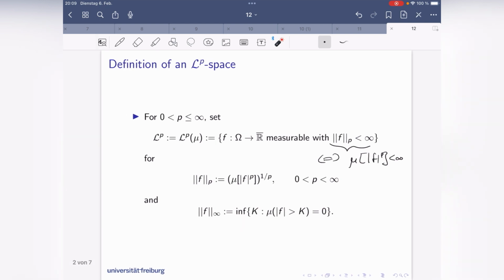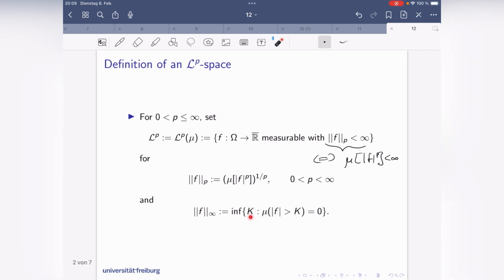If that's the case, then the smallest such k is the infinity norm. So one also says that's the essential supremum. It's not the supremum because f could be greater than k, but only on a set which has measure 0. So it's almost everywhere smaller or equal than k. Then k is the infinity norm of f.